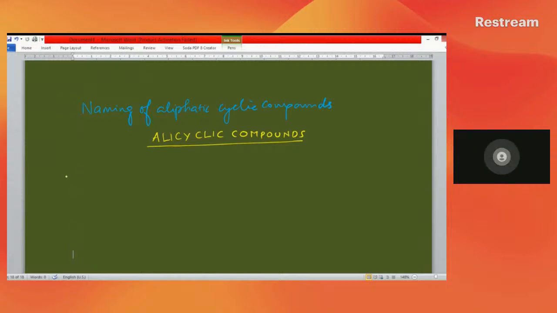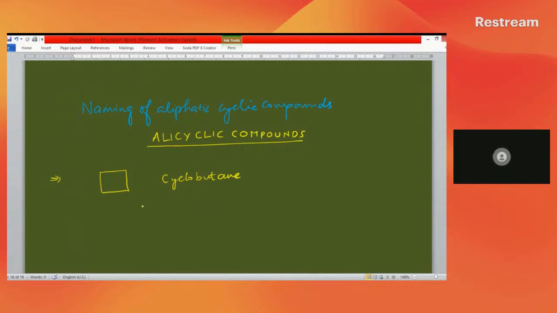The first rule, case one. Suppose you are given a structure like this, it shows that there are 4 carbon atoms. So it is easy to write its name as cyclobutane, that everybody knows.